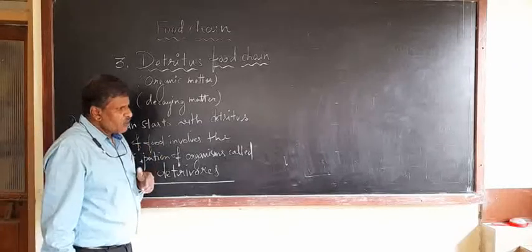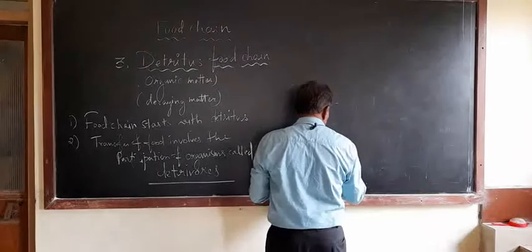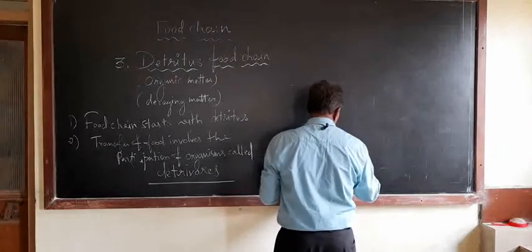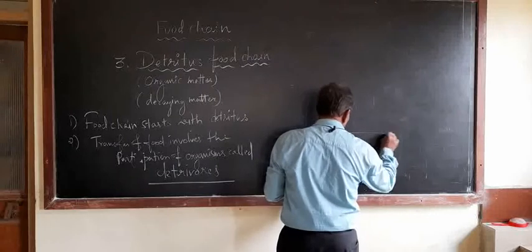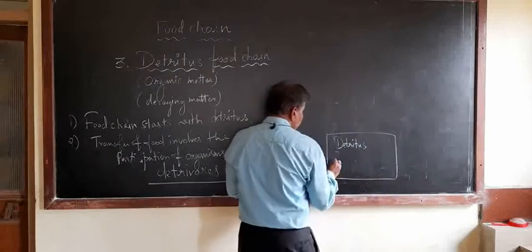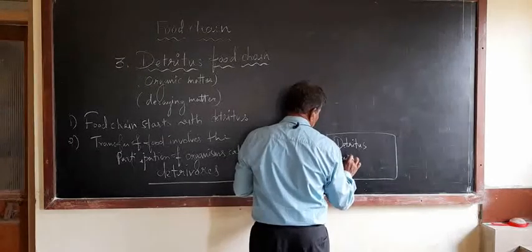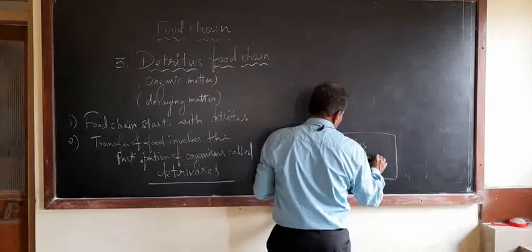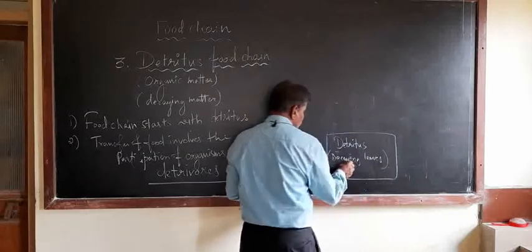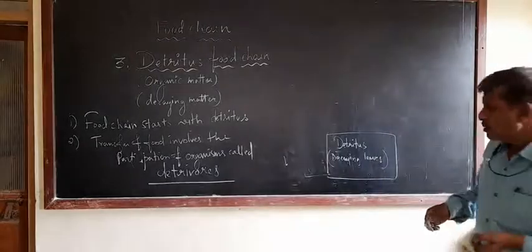Say for example, the detritus which is going to be formed by the decaying leaves. Normally in the ecosystem, the leaves fall to the ground.